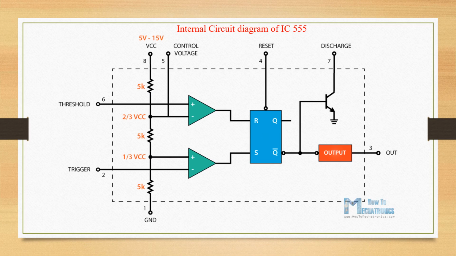The outputs of the comparators are applied as R and S inputs to the RS flip-flop. The output of the RS flip-flop has 2 output conditions, Q and Q bar. Q bar is the total output of IC 555.